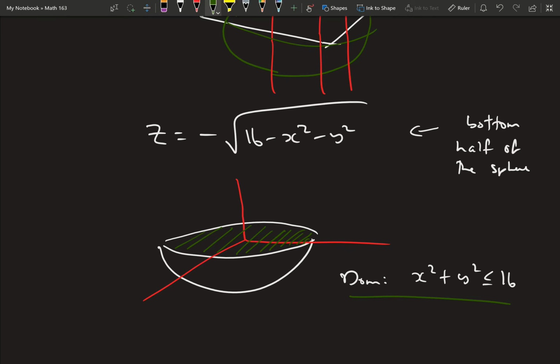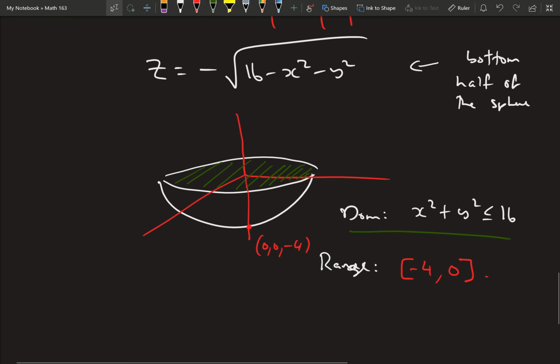And for our range, the lowermost point, if you go to the bottom, we have the point (0, 0, -4). So the smallest z value is -4, and the highest z value is 0. These are exactly the z values attained by this function, and hence you have this range.